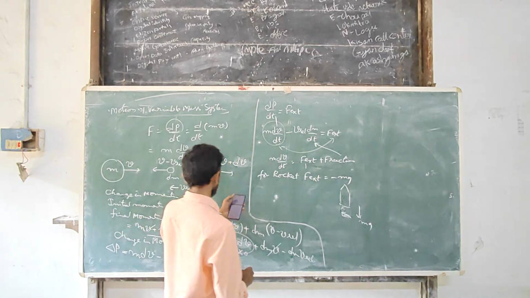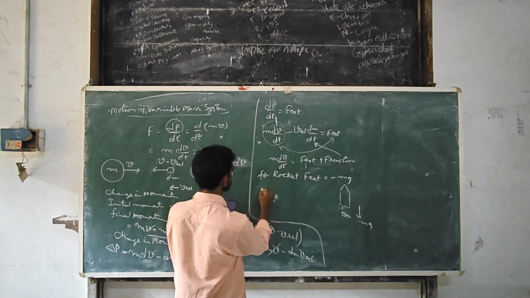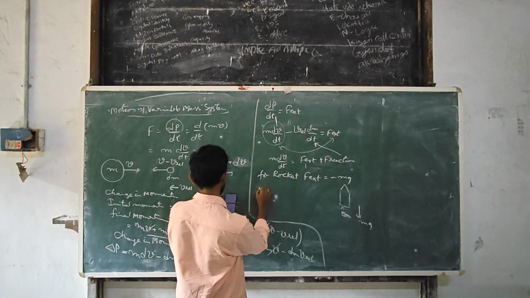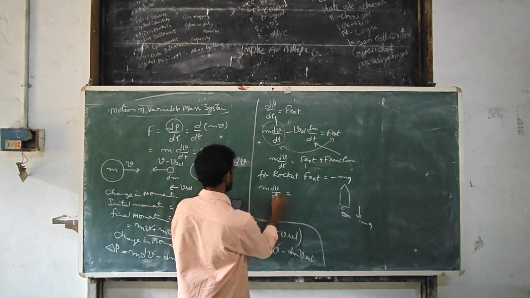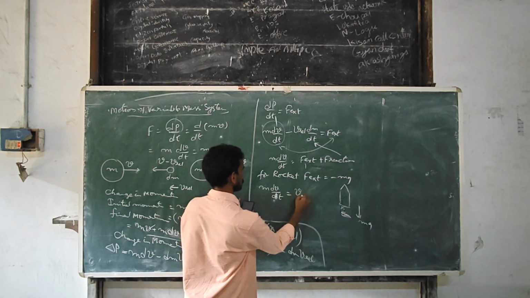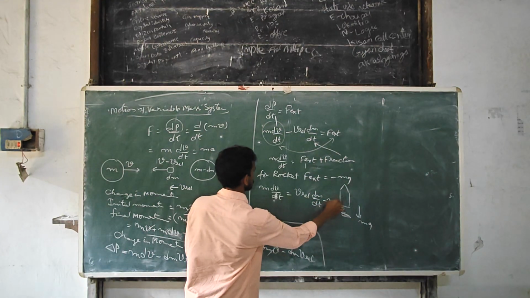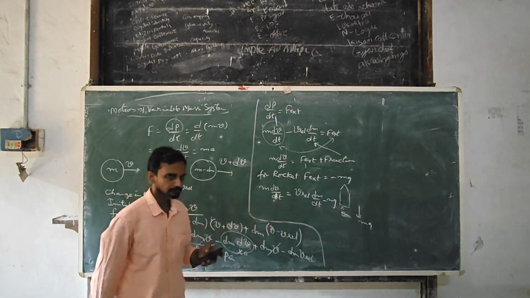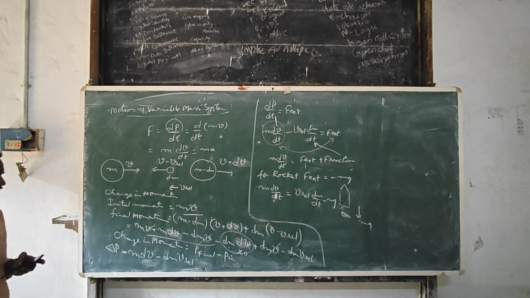So the total equation now becomes M dV by dt is equal to V relative dm by dt minus mg. That is the equation.